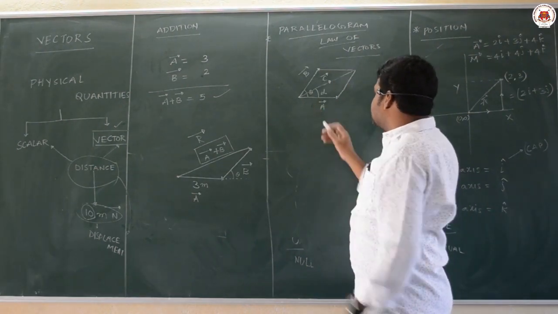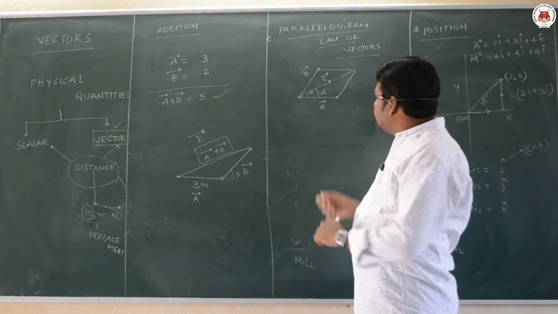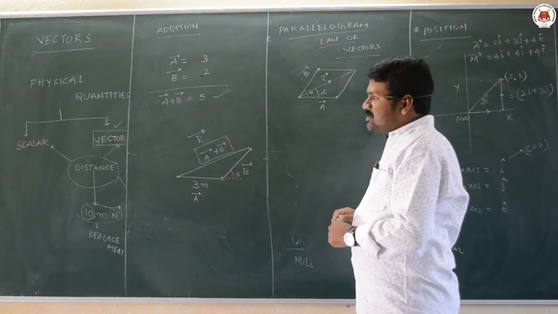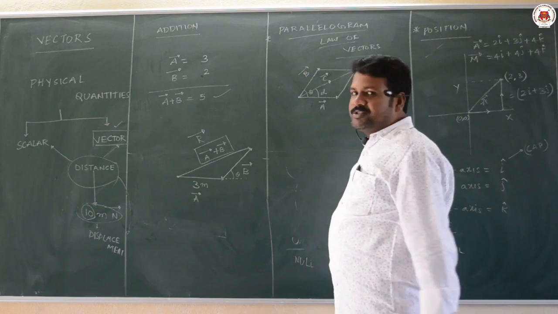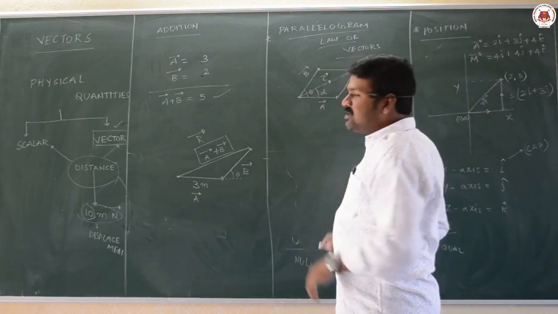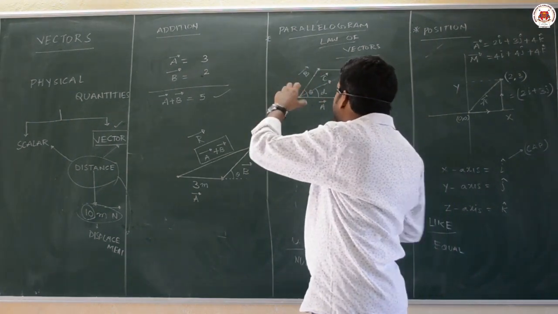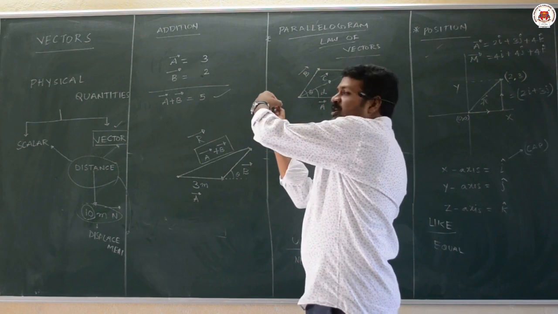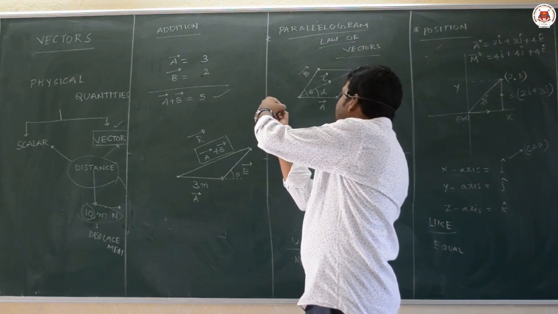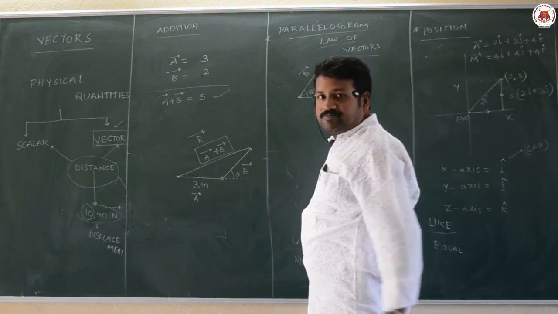This is very simple, and it is a common practice also. Let us assume there is a body here. Person A is applying force in this direction, person B is applying force in this direction. Then in which direction will that body move? Exactly in this direction. Let us take a catapult. You are pulling this catapult like this. When you release, that stone will go in this direction.